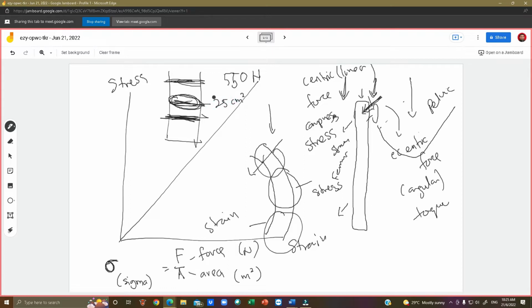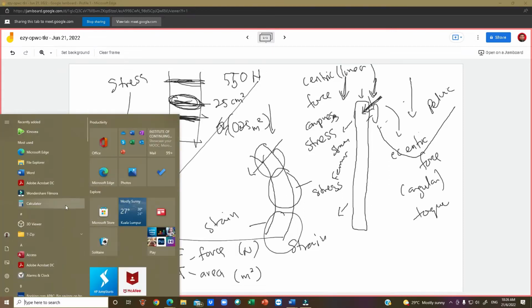Jadi berapa banyak load yang setiap disc ini tanggung. So you are going to do sigma equals to force over area, and this area need to be in meter square lah. So kalau 25 centimeter square, it is 0.025 meter square. So we have 550 over 0.025.